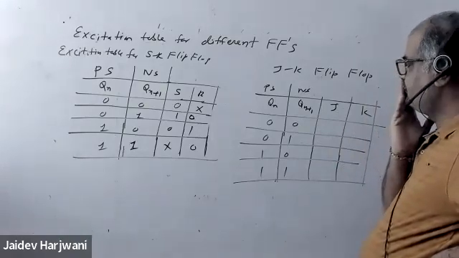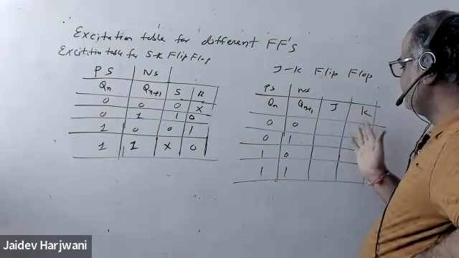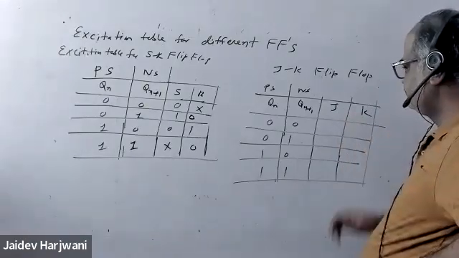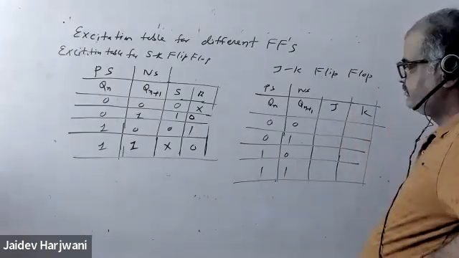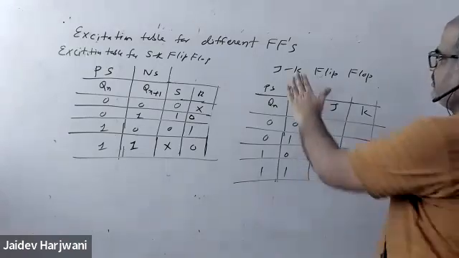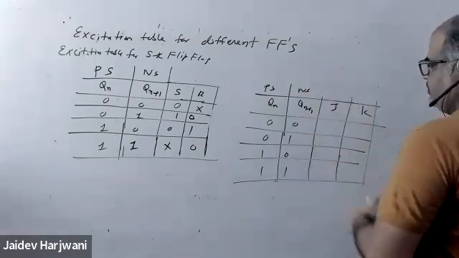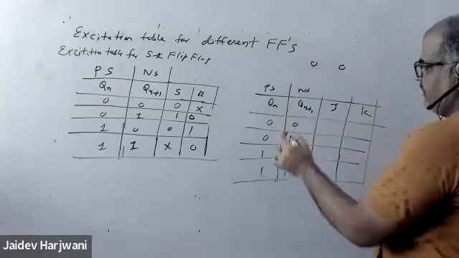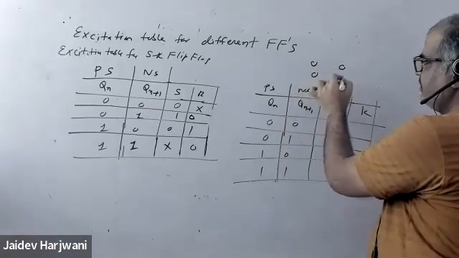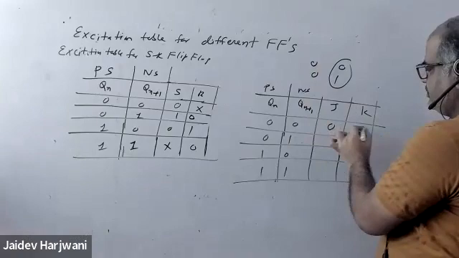No change condition, sir. Okay, so what should I write here? 0x. 00 is no change condition, and reset condition is also 0x.